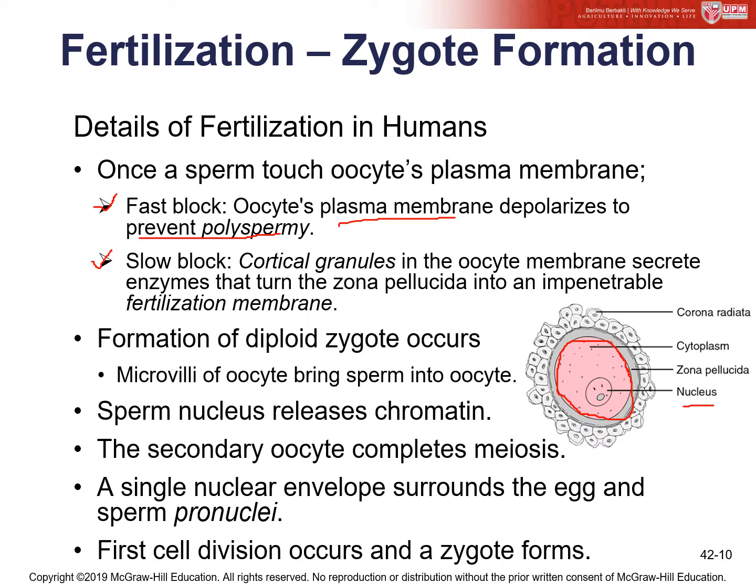The slow block happens at the zona pellucida. The zona pellucida has cortical granules, and these cortical granules help by secreting a specific enzyme, and this makes the zona pellucida impenetrable. After a single successful sperm nucleus enters the oocyte, the zygote will start to form, and then implantation will take over the process.